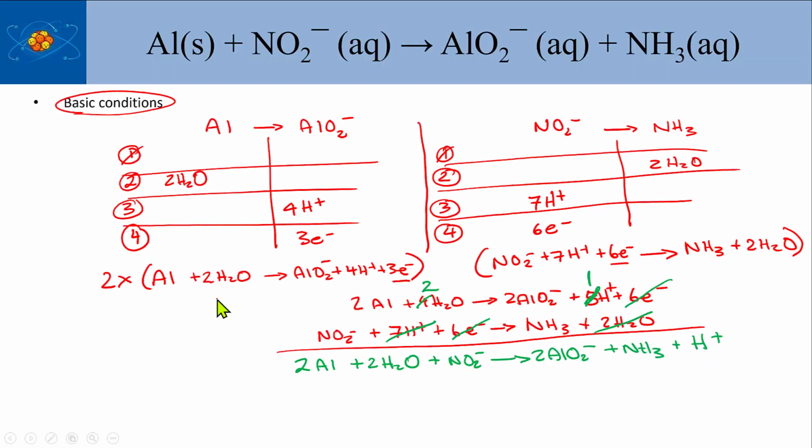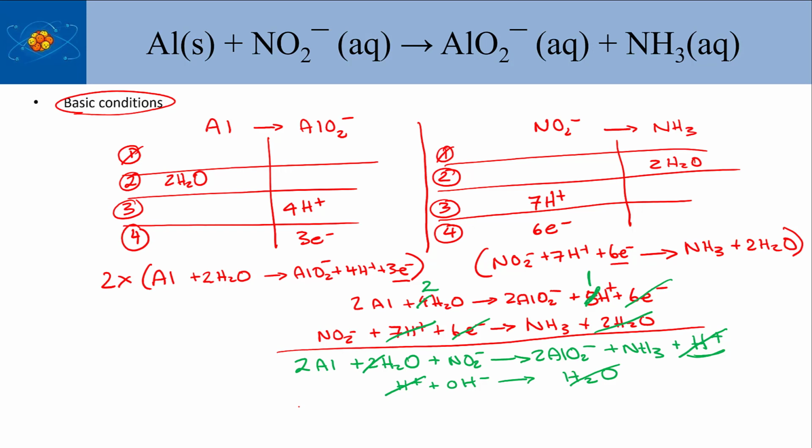I'm going to put H plus and OH minus on the left side, and on the right side I'm going to add H2O. Had there been two of these, I would have doubled this reaction. But look what happens: I've added OH on the left and H2O on the right, and now I have an extra water to cancel out from the neutralization.